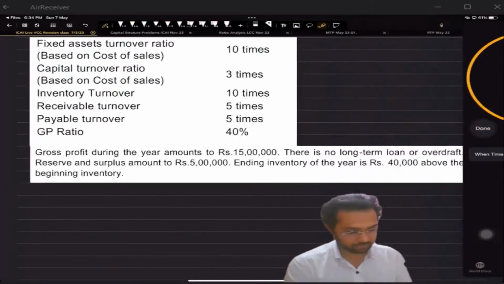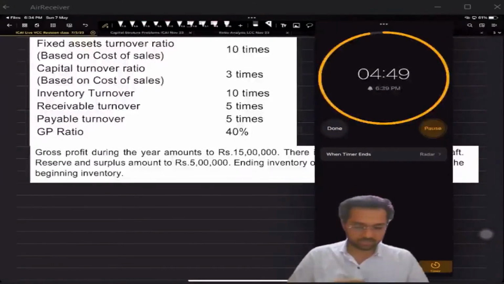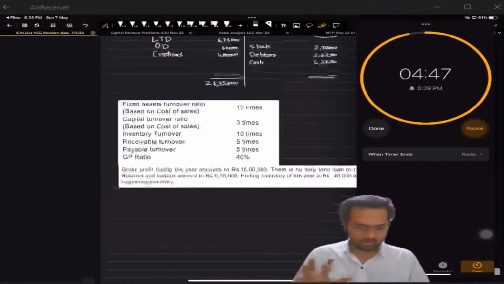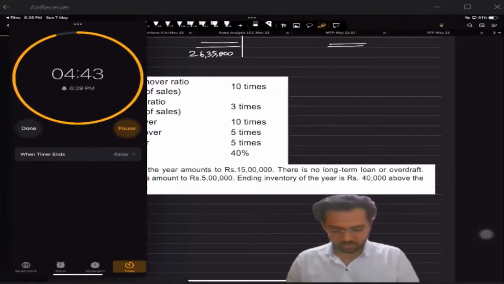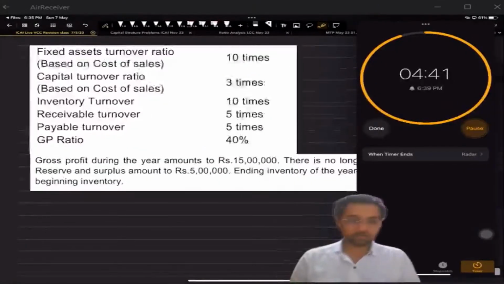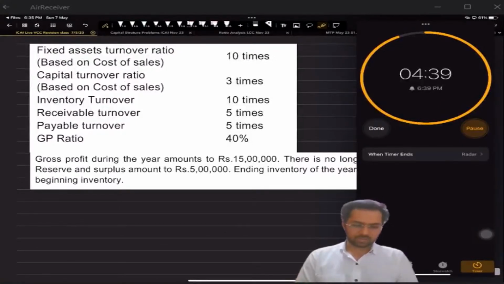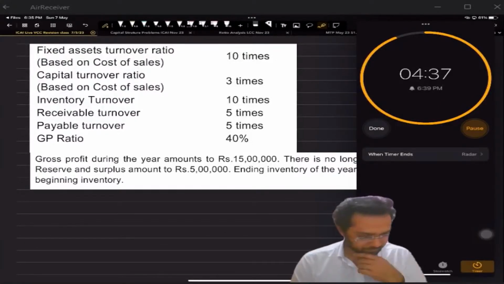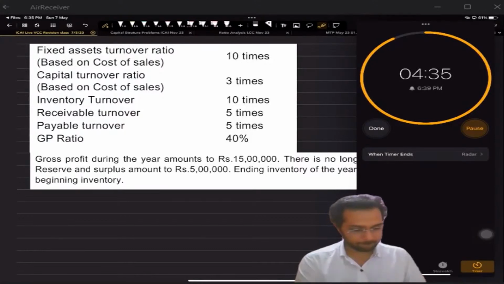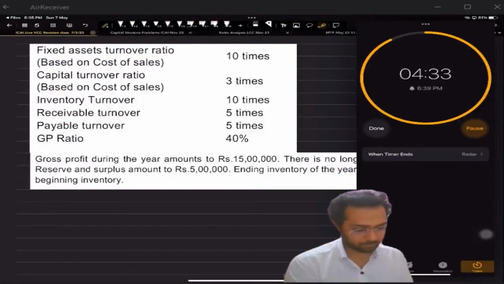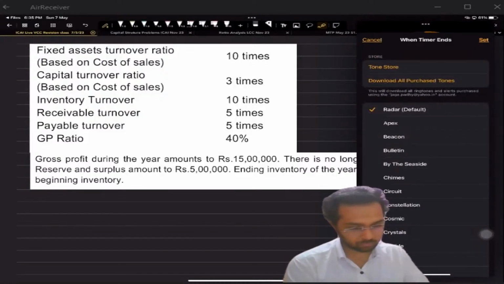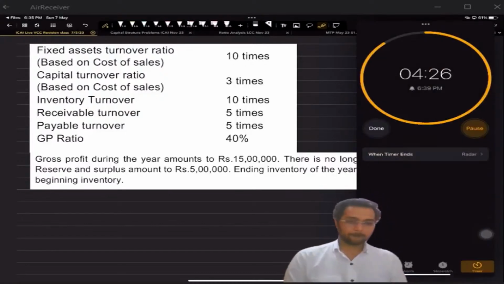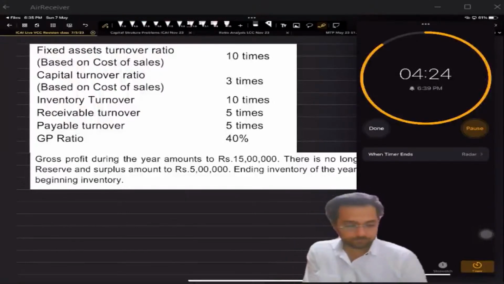Try to solve it within 5 minutes. In rough, I don't want you to do it in a fair format. Try to solve it in rough and at least try to get the idea. Yeah, so here we have the timer.